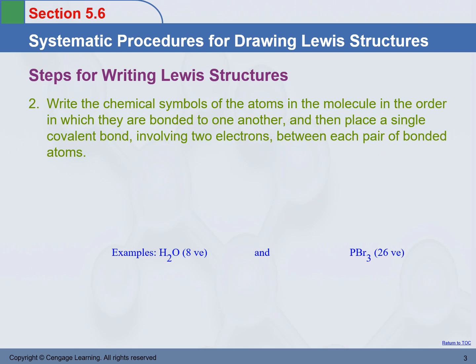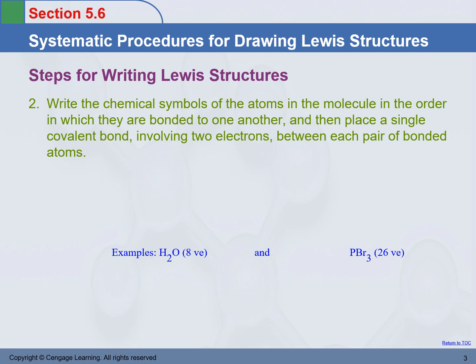Step number 2, write the chemical symbols of the atoms in the molecule in the order in which they are bonded, and then place a single bond between them. All right, so this one is telling us to lay the atoms out in the way they are connected and connect them with single bonds.